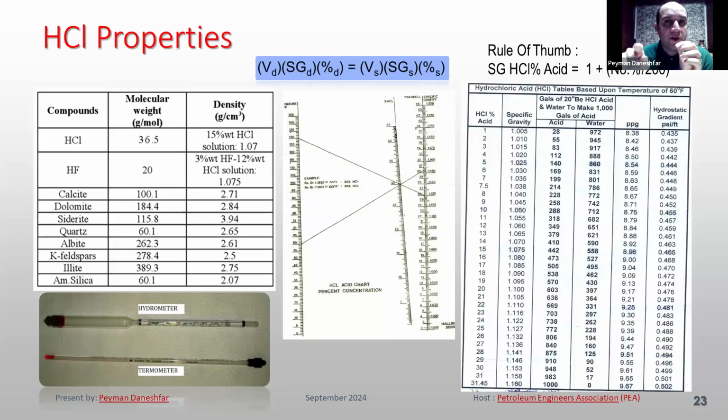I wrote a formula as a rule of thumb, if you don't know the specific gravity: 1 plus the percentage number, as the numerator, divided by 200, you can find almost the specific gravity of the HCl acid.